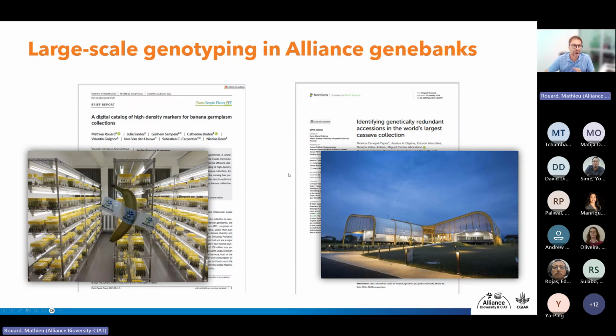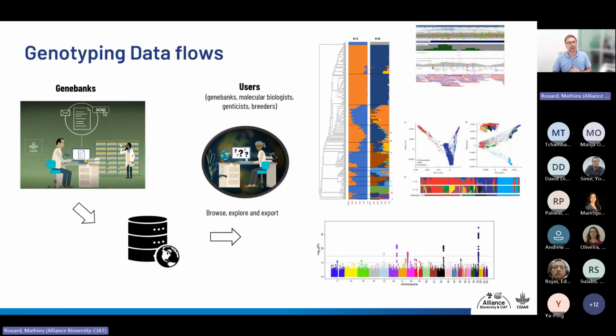So that's to give the context about the genotyping data and what has been produced. Now I want to talk a little bit about the data management side, because it becomes easier to produce all this type of data. It produces a high volume of data, but storing, sharing and analyzing those data can be challenging.